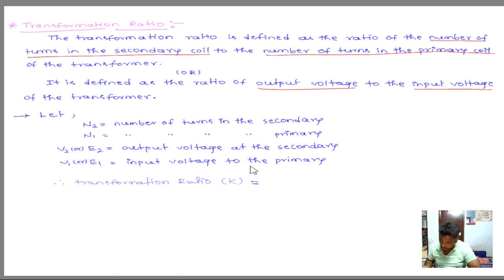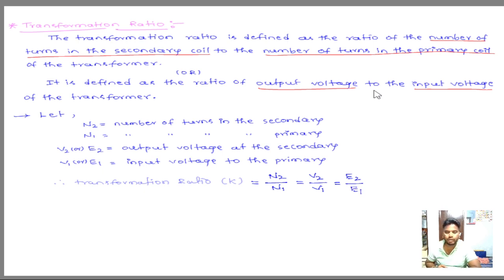K is equal to the ratio of the number of turns on the secondary to the number of turns on the primary, that is N2 by N1. Or it is the ratio of output voltage to input voltage, that is V2 by V1, or E2 by E1.